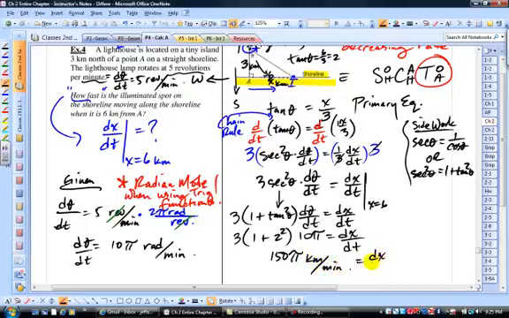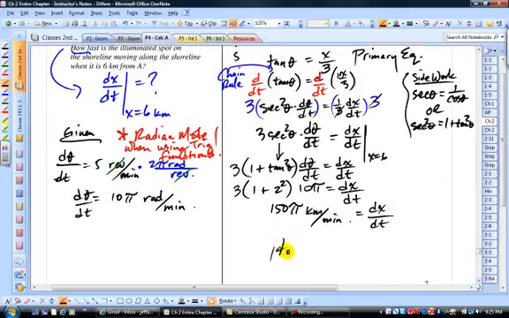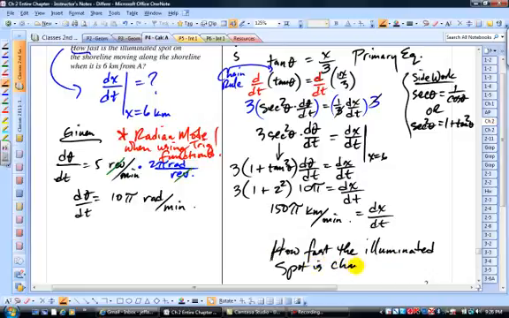And that's going to be my change in x over time, or how fast the illuminated spot is moving along the shoreline. Not changing, but moving along the shoreline.